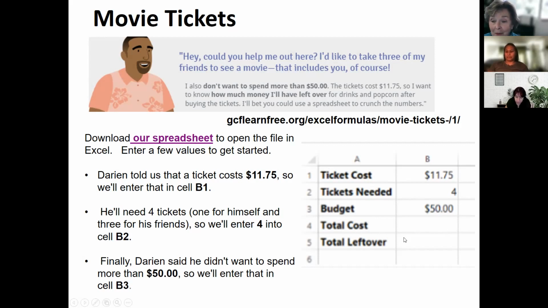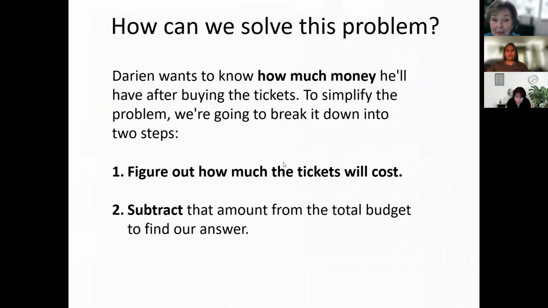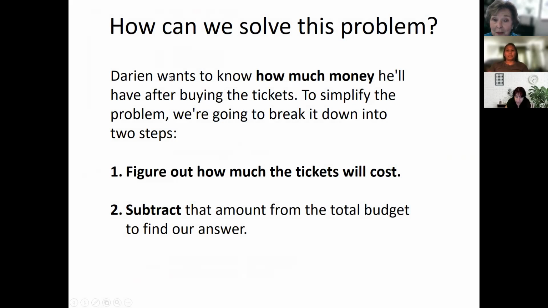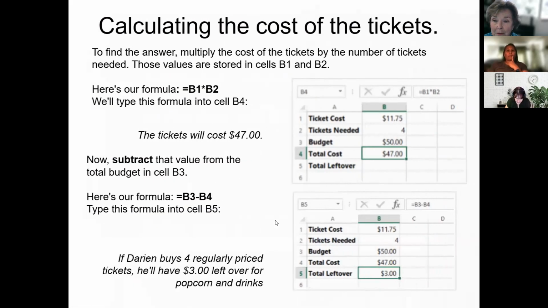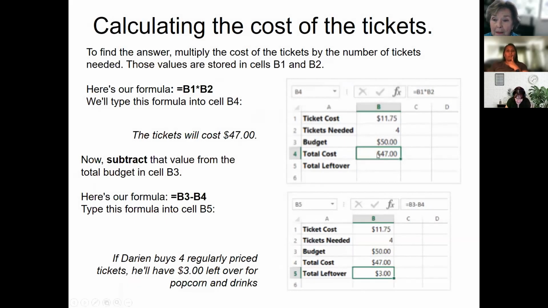Now you're going to have to do some calculations. You want to know how much money he'll have after buying tickets. So we're going to simplify the process: figure out how much the tickets will cost, and then subtract that amount from the total budget. So the tickets are going to cost B2 times B1, and you put the answer down here, $47.